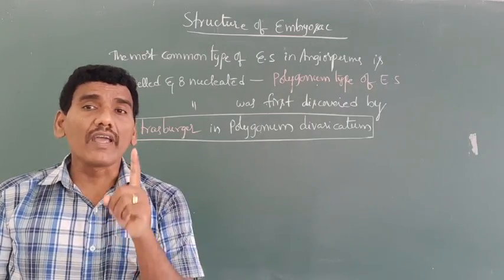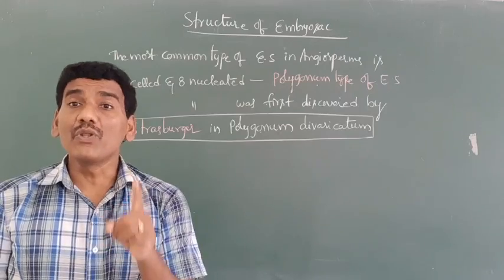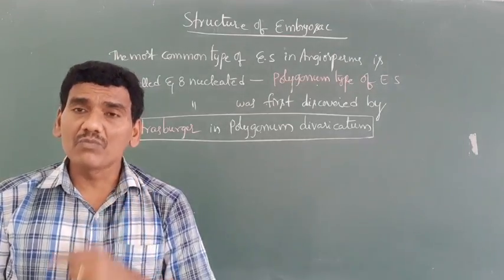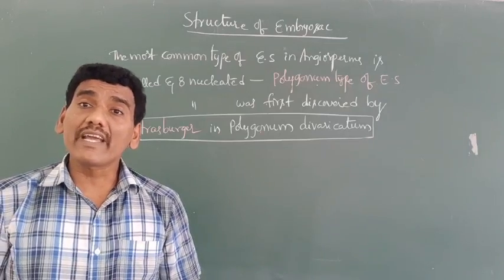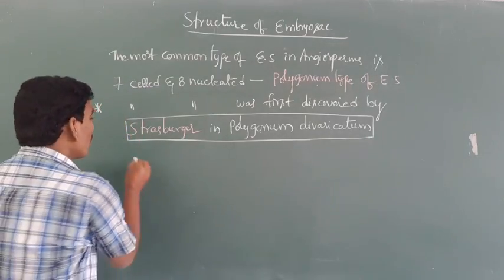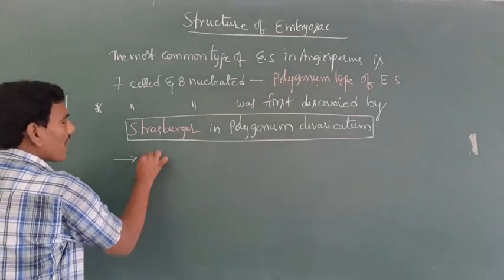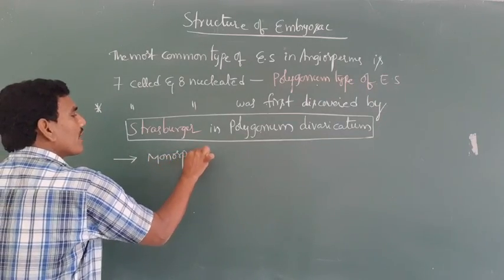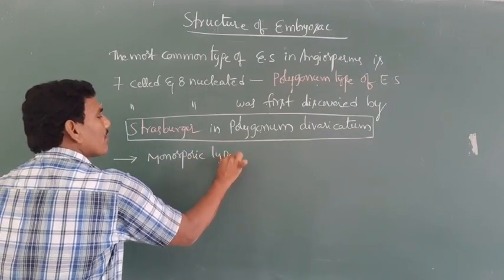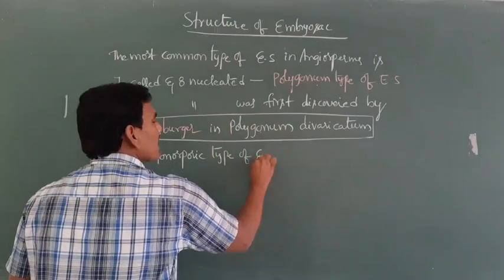One important aspect is that the embryo sac develops from a single megaspore. This type of embryo sac is also known as the monosporic type of embryo sac.